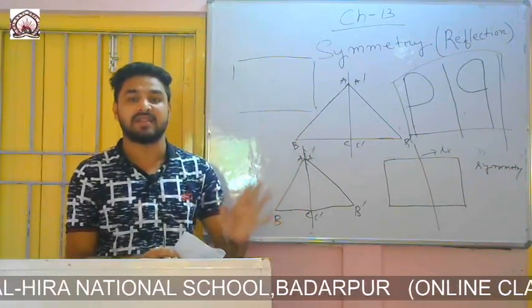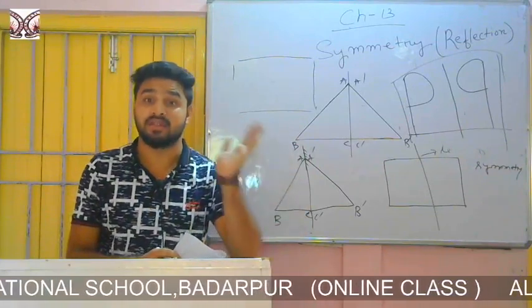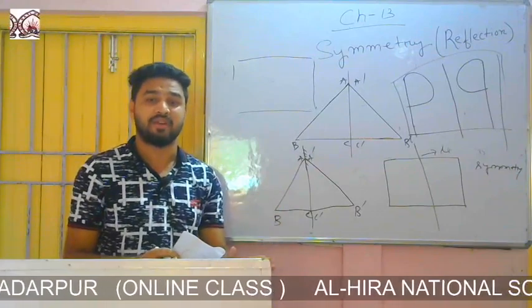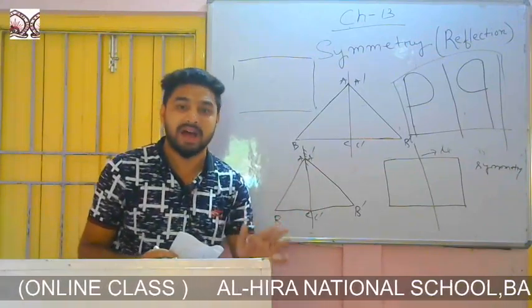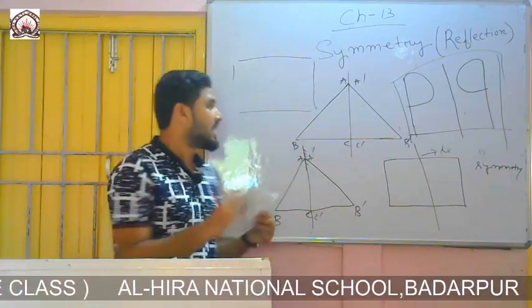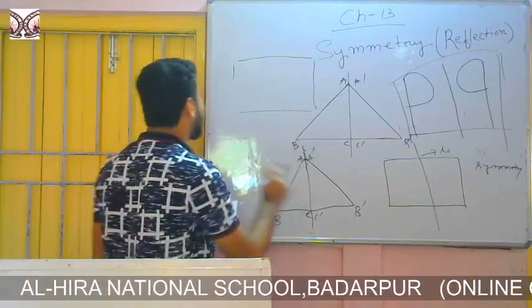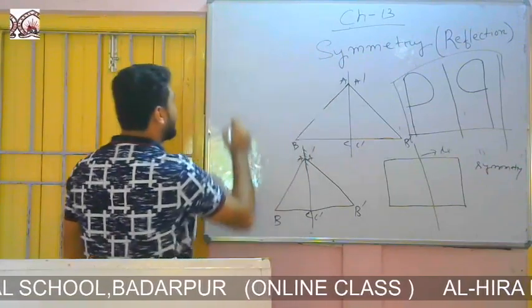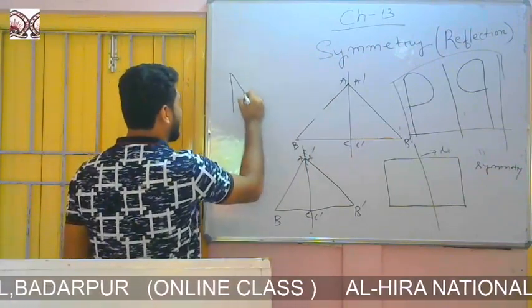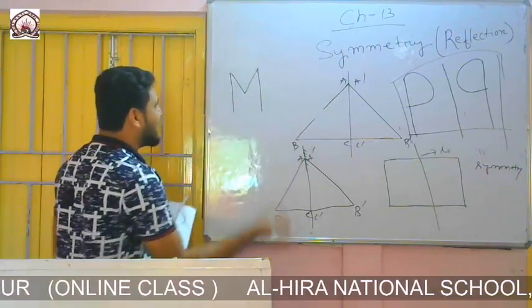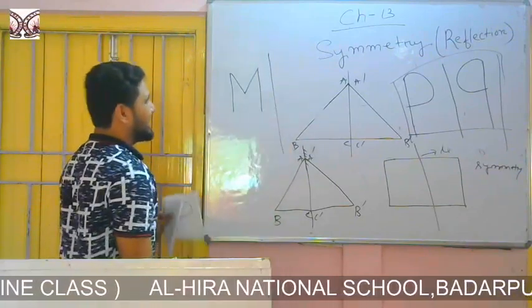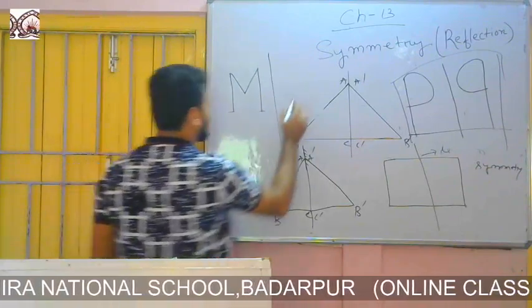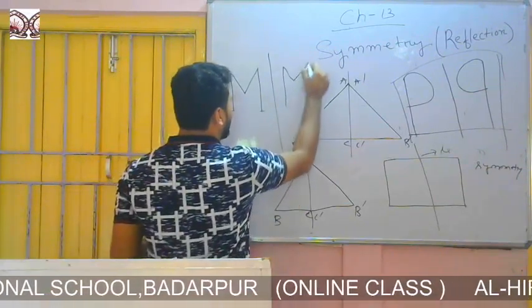But in some cases, the shapes which are symmetrical, that means the shapes which have symmetry, remain the same after reflection. Suppose I take an example of M. If I put a mirror here also, we'll get the same shape.